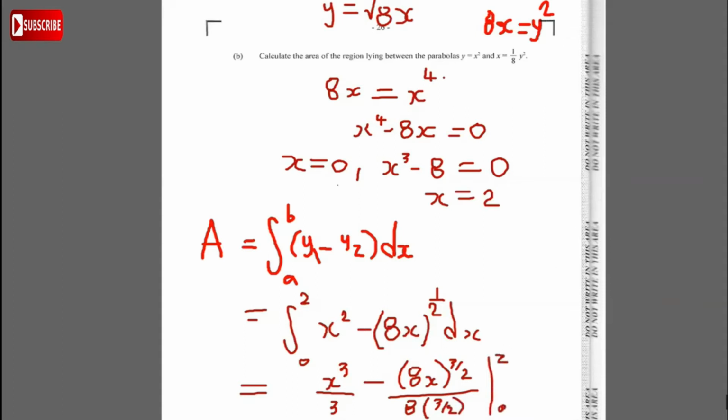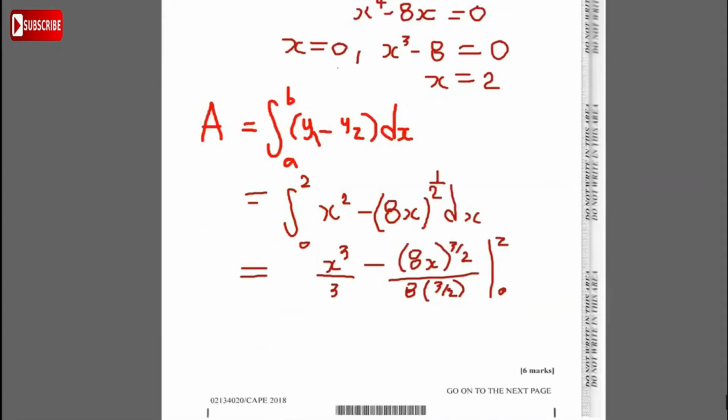Now in reality, we don't ever need to plug in 0 in these sort of circumstances. You just need to plug in the 2 rather. So when you plug in 2, you're going to get 2 cubed over 3, which is 8 over 3, minus, when you plug in 2 here, 8 times 2 is 16.